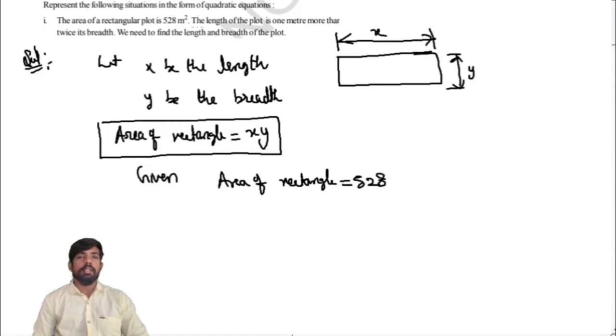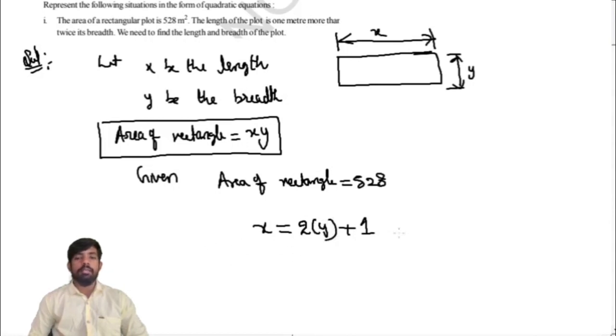Next, the length of the plot, here length is x, is 1 meter more than twice its breadth. Breadth is y, so 2y.